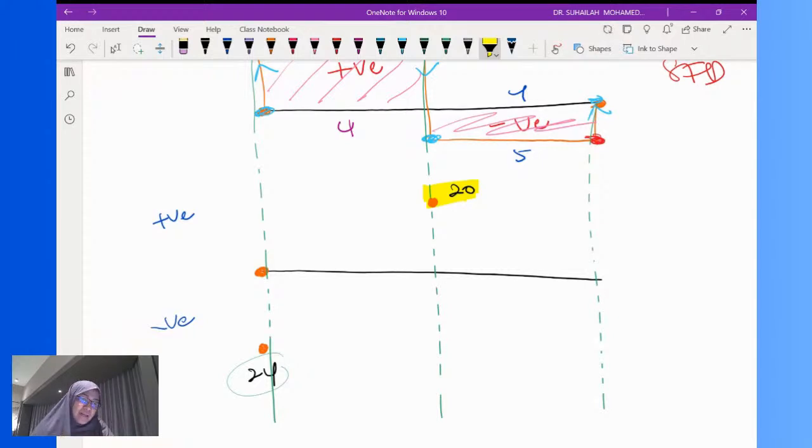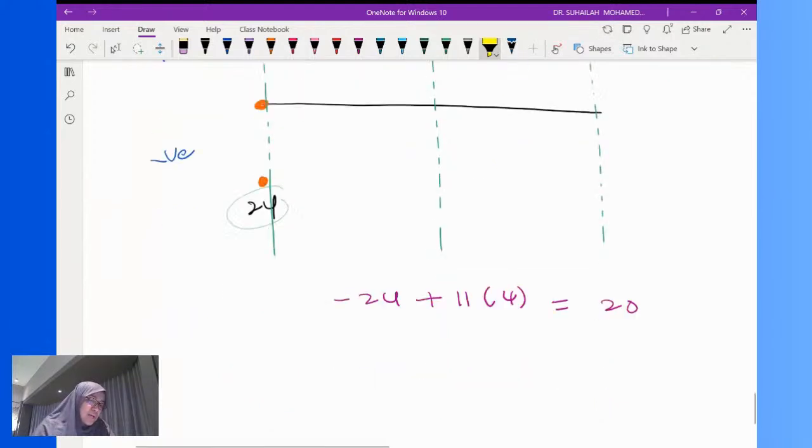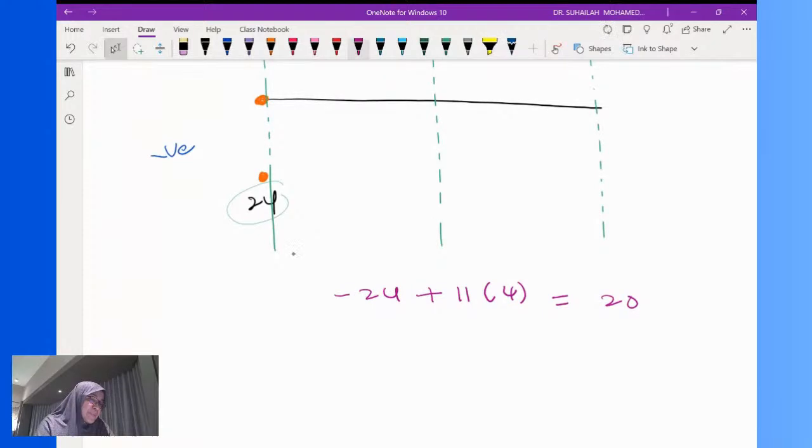For BC, it is 20 minus 4 times 5. 5 for the force, 4 for the distance. This is 0.